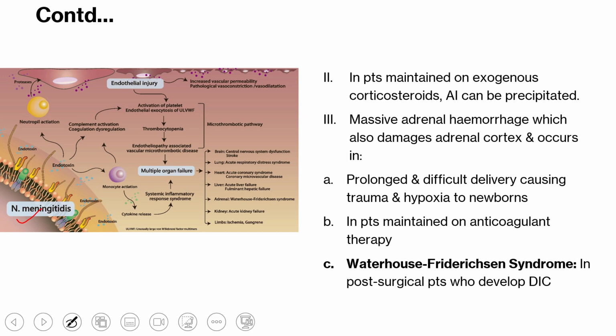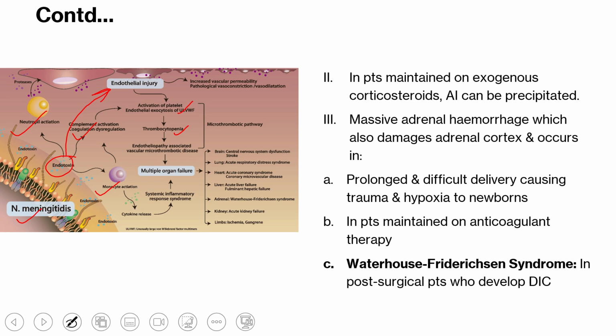Those bacteria will release endotoxin at those sites, and these endotoxins result in activation of neutrophils and monocytes. Some of this endotoxin results in complement activation and dysregulation of the coagulation pathway, and also damages the endothelium, resulting in activation of platelets and endothelial exocytosis of a large amount of von Willebrand factor, and that results in thrombocytopenia.